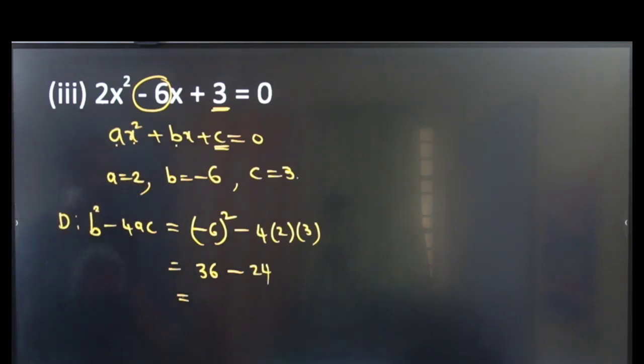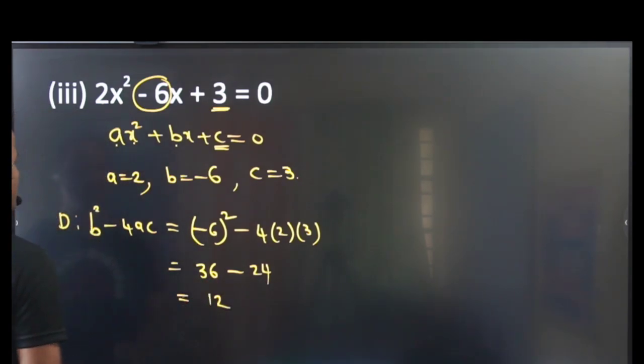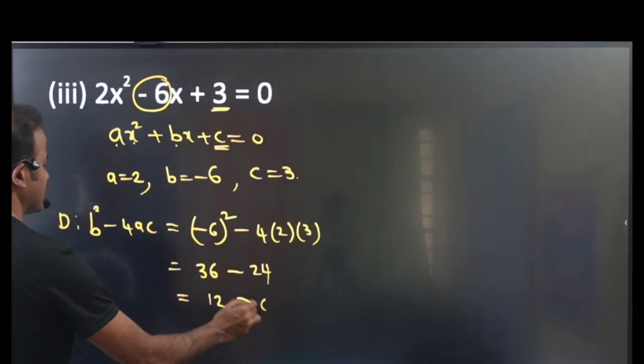Correct. 36 minus 24, then how much? That is 12. Then b square minus 4ac we are getting here is 12. That means it is greater than 0.